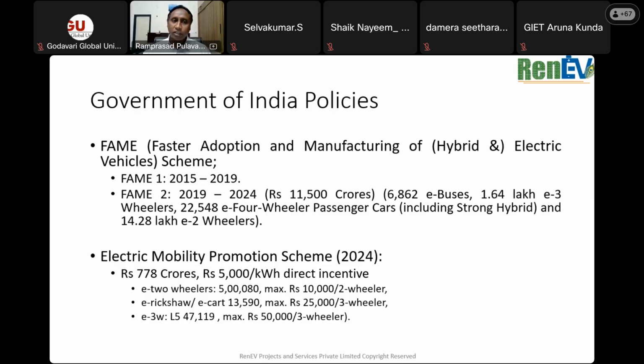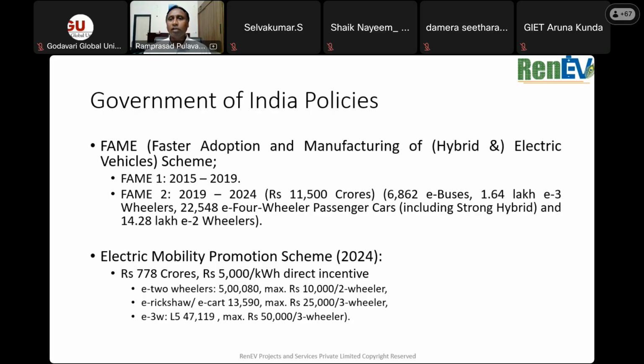It was transitioned into FAME 2, between 2019 to 2024, with an outlay of 11,500 crores, wherein using this budget, around 6,862 electric buses were purchased for the state transport organizations as well as government entities. 1.64 lakh three-wheelers were purchased using the subsidy. 22,548 cars were given subsidy, including strong hybrids.